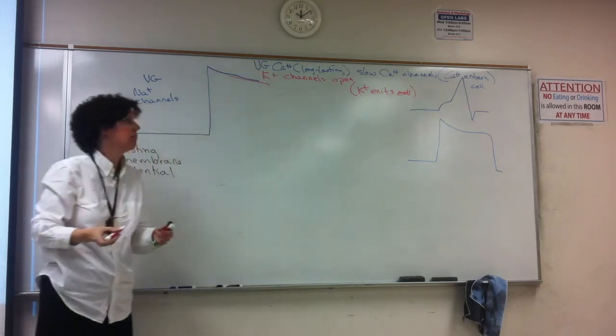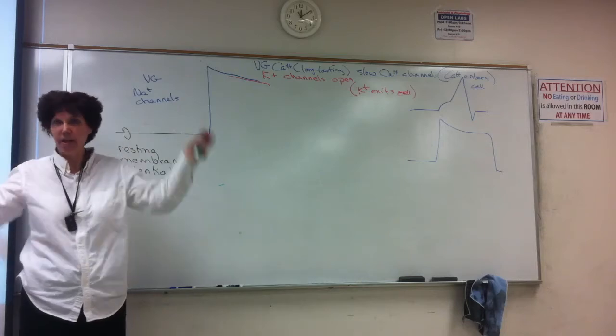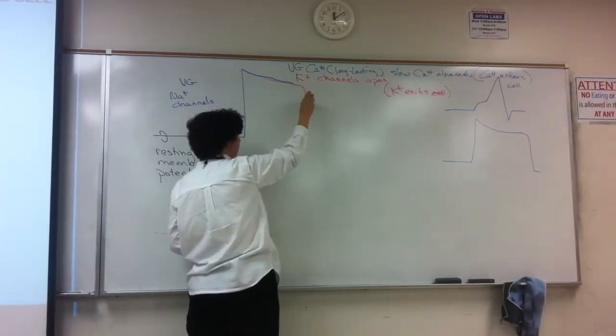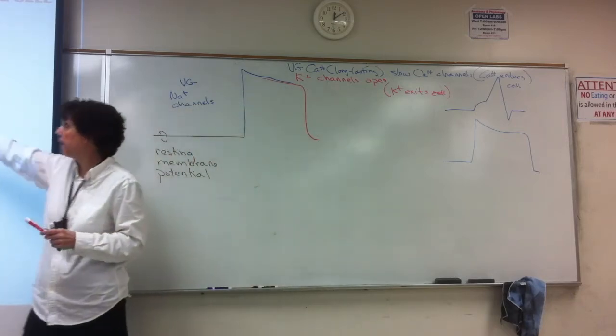Then those close and different channels open and these open again, but we're not going to worry about that. Essentially what happens, the calcium channels close, the potassium channels remain open, and we see a rapid repolarization.